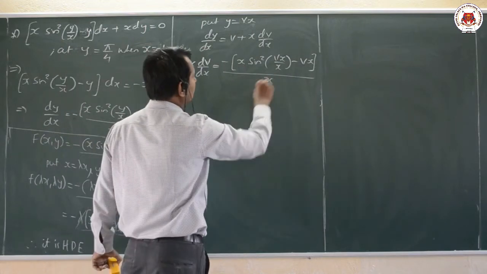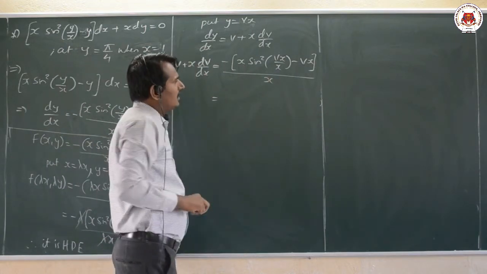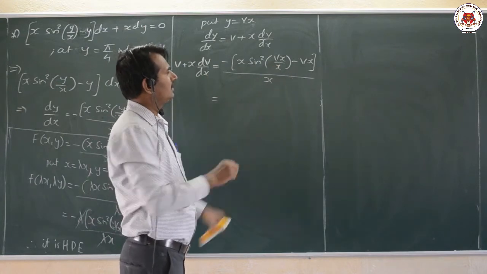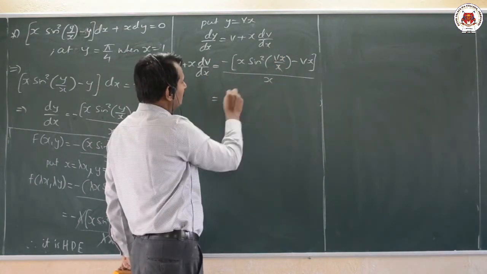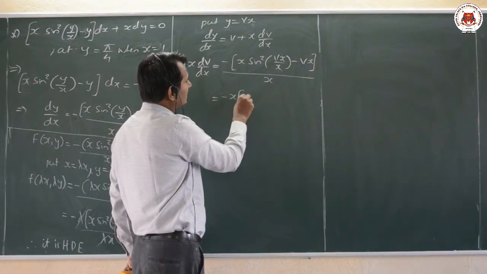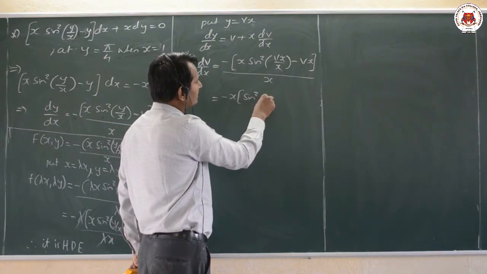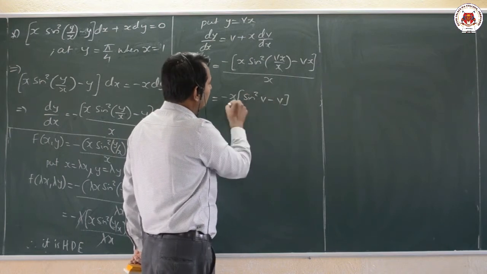Now among this whole term, x gets eliminated, and I will take x common, that is minus of x here, and the remaining part is sine square v minus v divided by x.